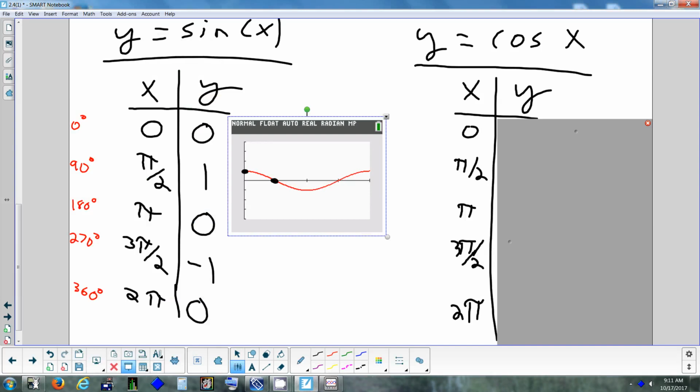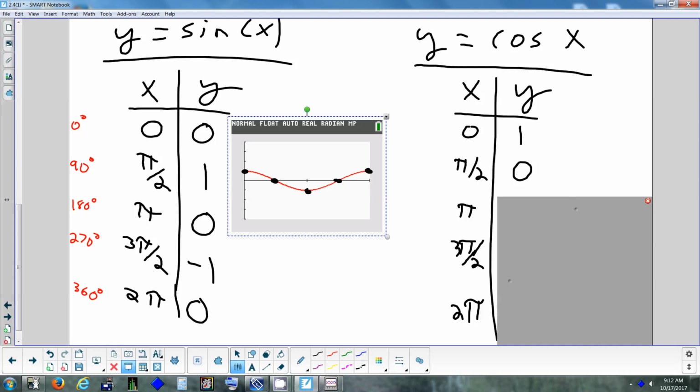So there's 1 point, that one, and that one. Okay, so Connor, could you tell me what my y value is at the first point? It'll be 1. Yep, it'll be 1. Irene, how about the y value at my second point? 0. Yep, we're down at 0. Emily, the y value at my third point? -1.